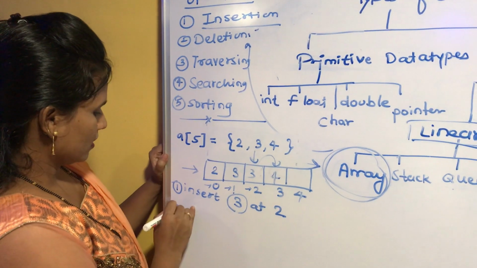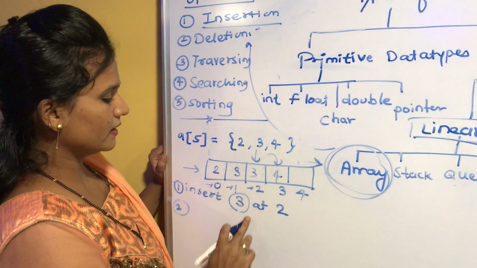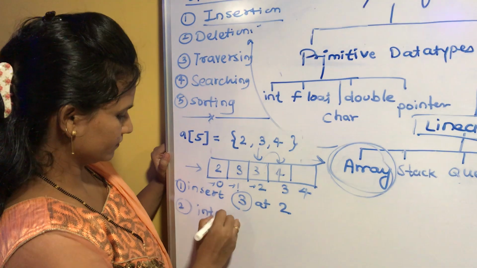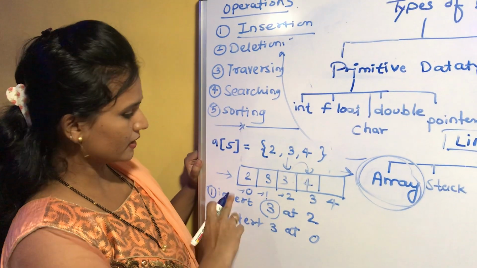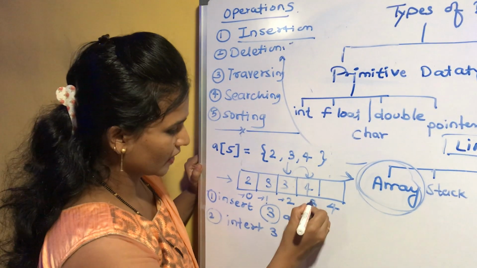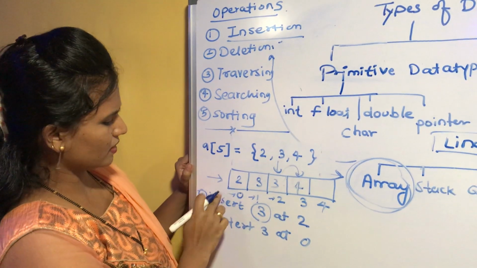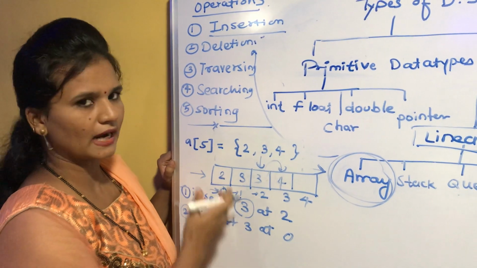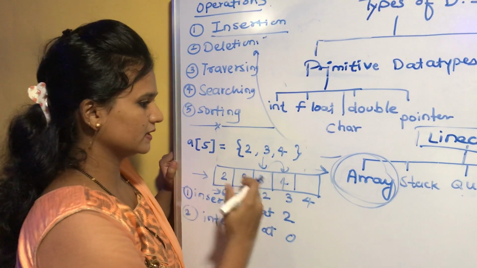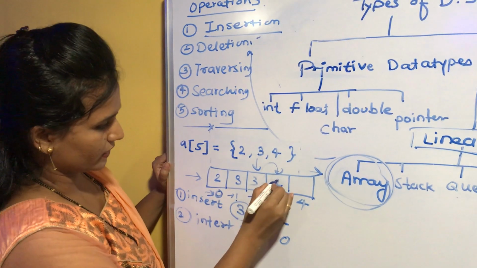Suppose I want to insert 3 at location 0. At that condition, what we are going to do? We are going to shift. Again, we can see here at the 0th position there is an element, so we cannot directly insert 3 at this position. We have to shift this element forward.